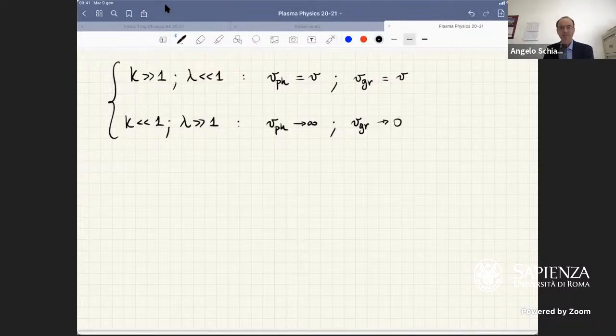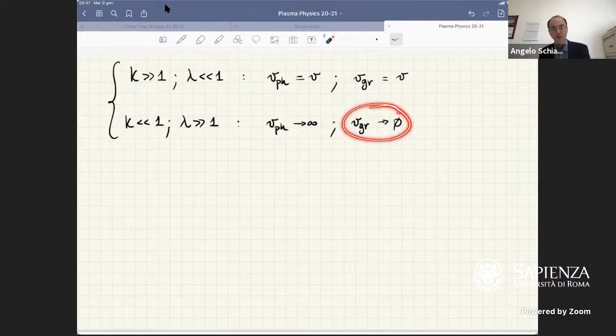What does it mean that we can interpret this situation telling that the phase velocity is going to infinity, but it's not a physical velocity, it is a mathematical artifact of the Fourier transform. What is important is that the group velocity goes to 0.